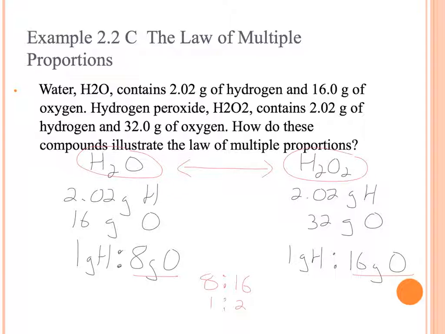You're not going to see that with ionic things because they don't do that, but covalent things, NO2, N2O2, N2O4, just different ways that, hey, nitrogen and oxygen might be able to combine. That would be a series that shows the law of multiple proportions. That one's tricky. There's not much we can do about it. You do not have to reproduce that math, though.